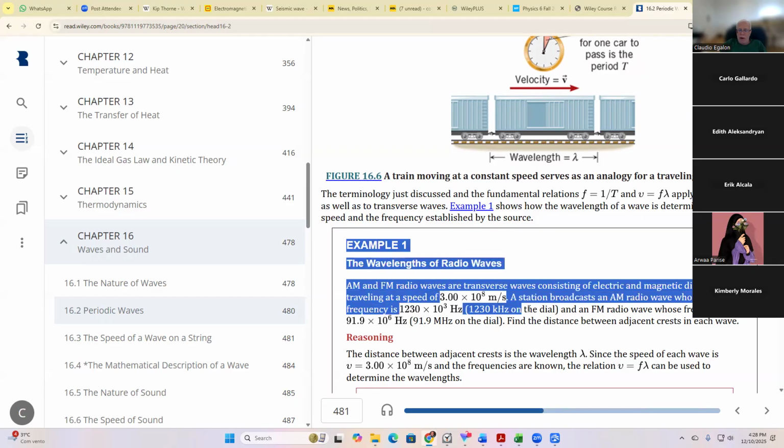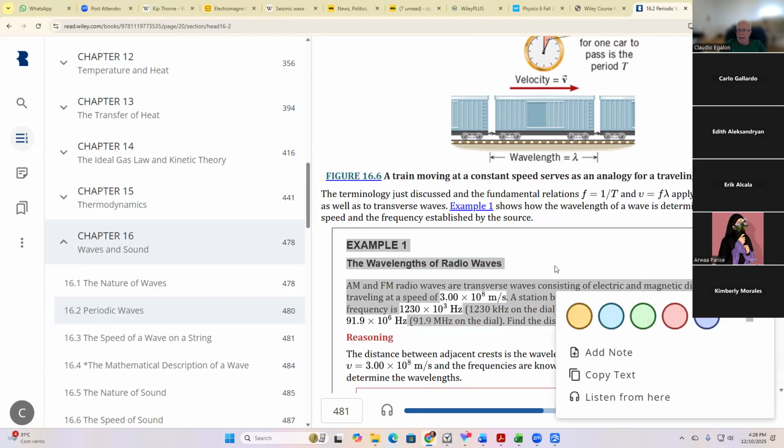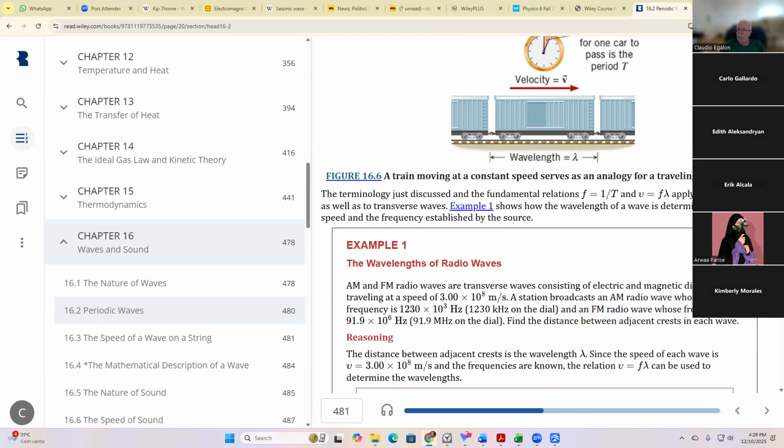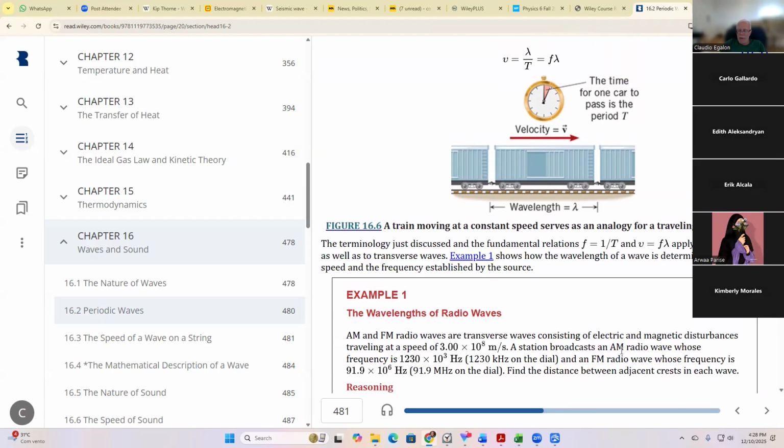AM and FM radios are transverse waves consisting of electric and magnetic disturbances, just like I mentioned before. Because they are electromagnetic waves, they propagate at the speed of light, 300,000 kilometers per second. A station broadcasts an AM radio wave whose frequency, let's say your favorite station, is 1,230 kilohertz, or 1.23 megahertz.